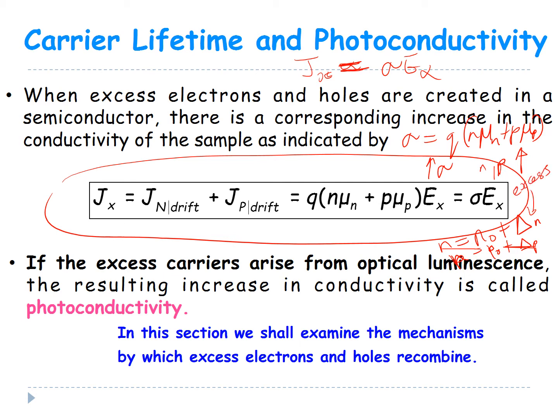Because the total number of electrons and holes increase in the presence of excess carriers, the conductivity will also increase. I think that's straightforward. If the excess carriers arise from optical excitation, the resulting increase in conductivity is called photoconductivity. Now in this section, we shall examine the mechanisms by which excess electrons and holes are recombined.